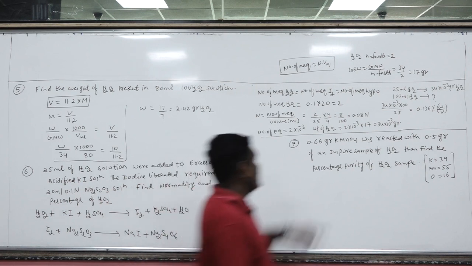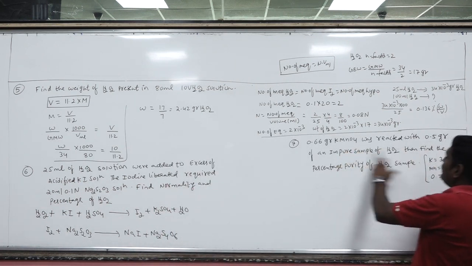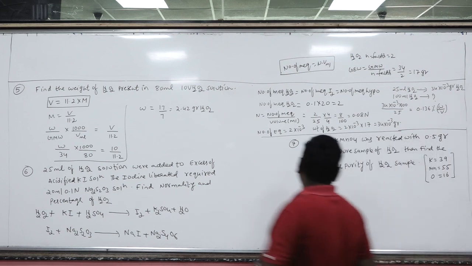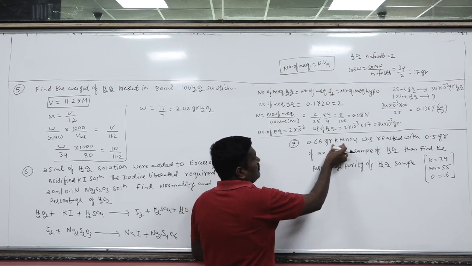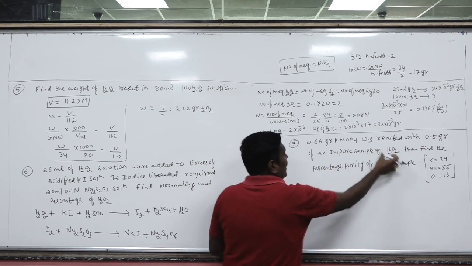0.66 grams of potassium permanganate oxidizes 0.5 grams of an impure sample of hydrogen peroxide. Okay. Now find the percentage purity. Here again the concept is that the number of equivalents of KMnO4 should be the same as the number of equivalents of hydrogen peroxide.